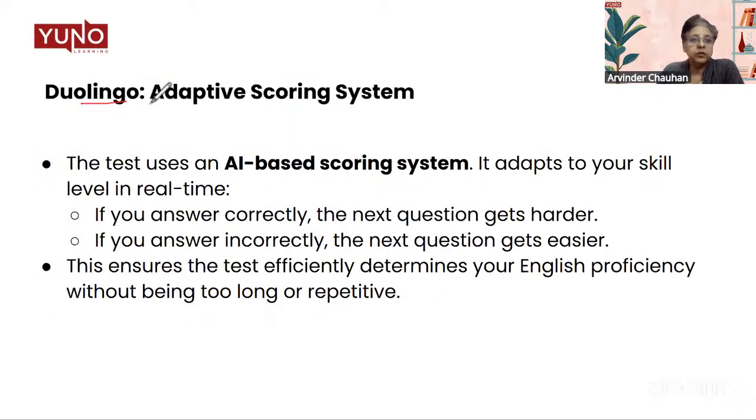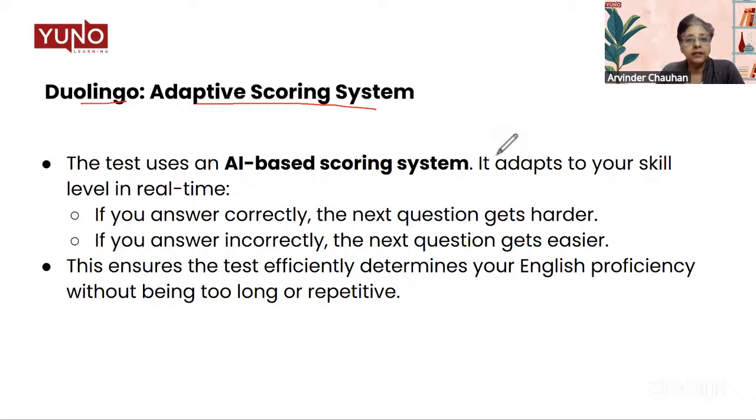Again, talking about Duolingo, it has an adaptive scoring system. What is an adaptive scoring system? It simply means that it's AI based. So the AI is throwing questions at you. If the AI feels that you're having difficulty in answering questions, it will throw slightly easier questions at you, right?